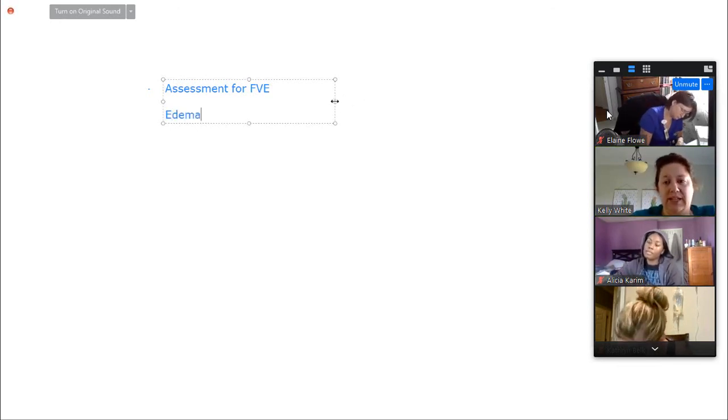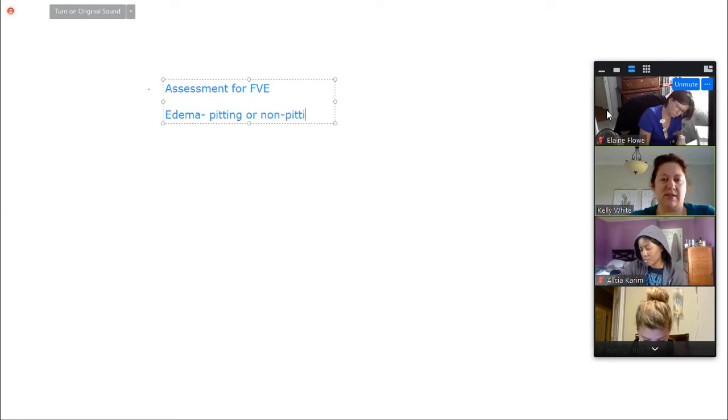You are absolutely going to see edema. You're going to have those swollen feet. You may have swollen sacral areas if they're bedbound, swelling in their hands. You could have pitting edema or non-pitting edema. Just kind of depends on the patient and what's going on with them. You can actually have edema around your periorbital area, so around your eyes.